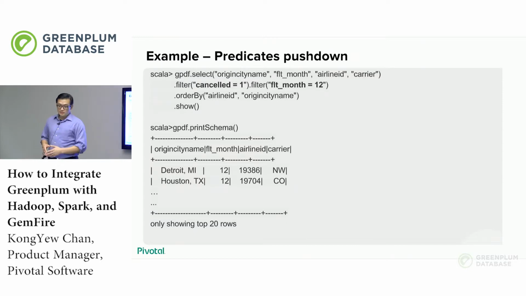So in this example, what it shows is that the data frame is able to select a set of columns as well as filter the data set by rows. In this case, cancer is equal 1 and float month is equal 12. Limiting the set of data that you retrieve from Greenplum, you can speed up the data transfer because you get a subset of data.